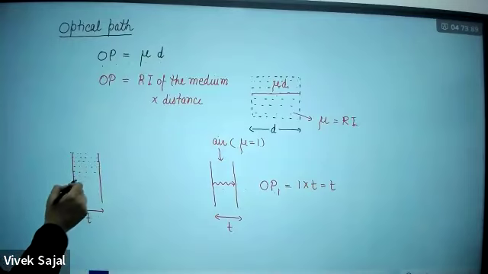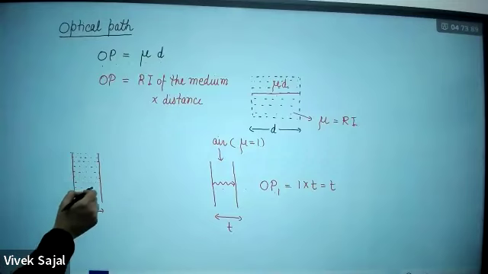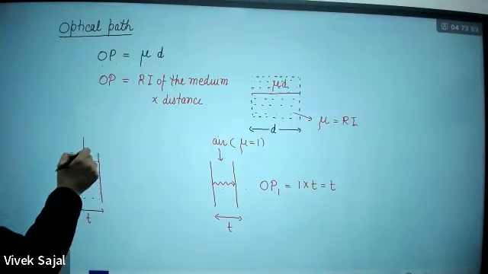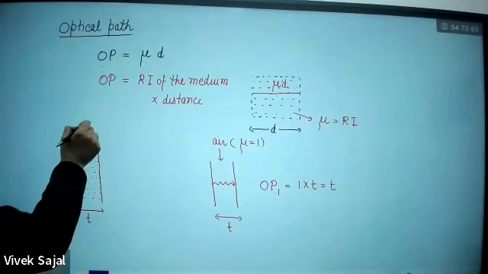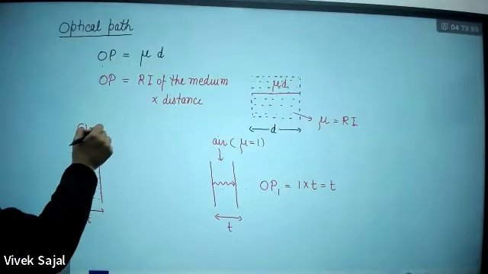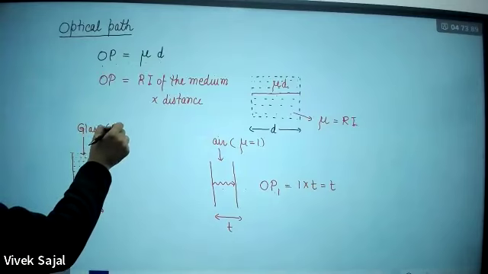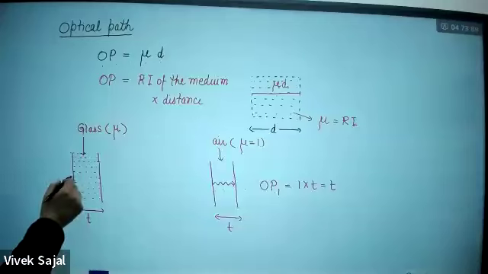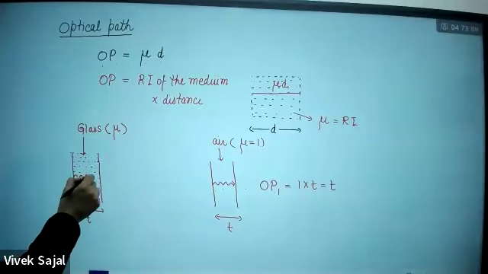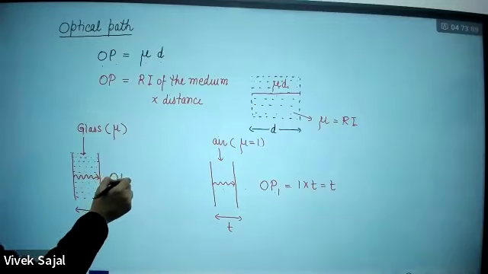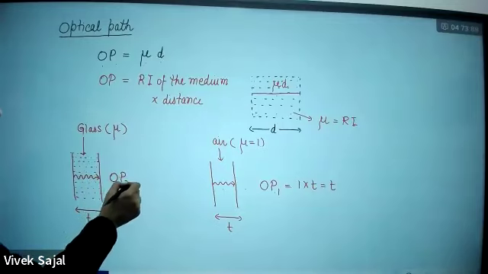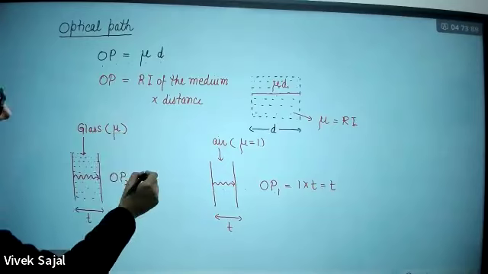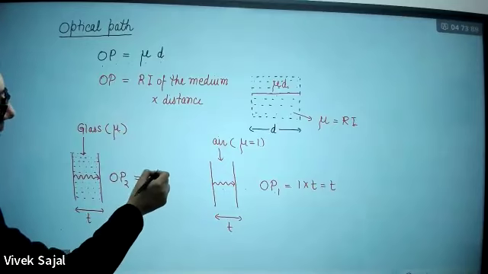And the refractive index of this glass is mu. Now light waves travel from here to here like this. What is the optical path that will be traveled by the light here? That will be refractive index mu times t.